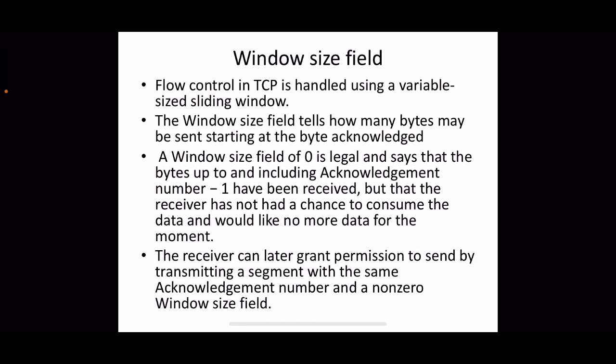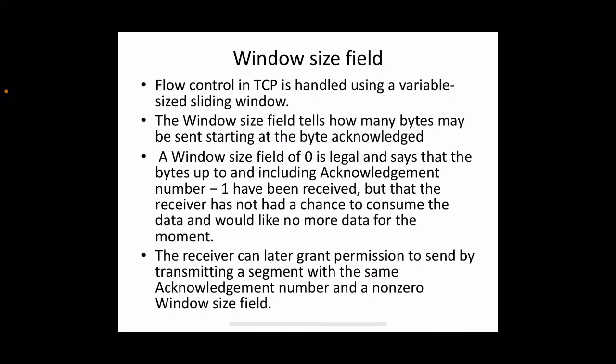Now what is the meaning of window size field 0? Window size field 0 means no more data can be sent by the sender, right? Yes, the current window size is 0. But that is also legal. When that happens, the meaning is that the bytes up to and including acknowledgement number minus 1, which means the last data sent, have all been received by the receiver correctly, but the receiver has not had a chance to consume them.